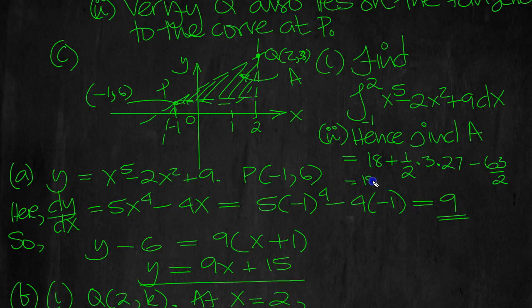So we've got 81 over 2, 81 take away 63 is 18 over 2, which is 9. 27 units squared. So sorry I've squeezed it in there at the end of this question, but that's the answer for C part 2, and I've just put it in there. 27 units squared.